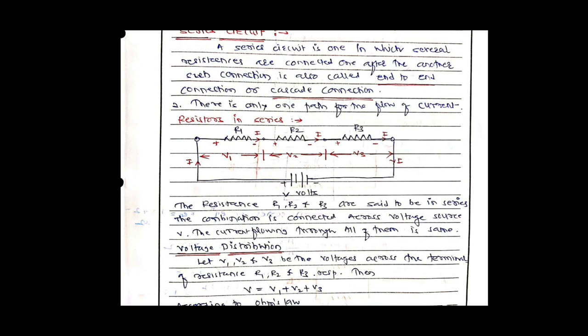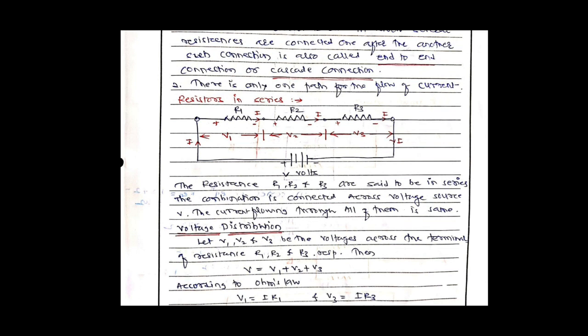So here I is the total current flowing through the circuit. See here, there is only one path in this figure. So the current flowing through R1, the current flowing through R2 and the current flowing through R3 is the same, because there is only one path.